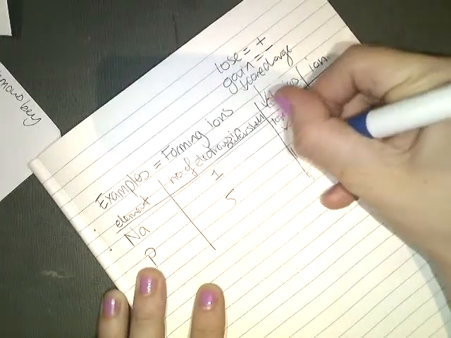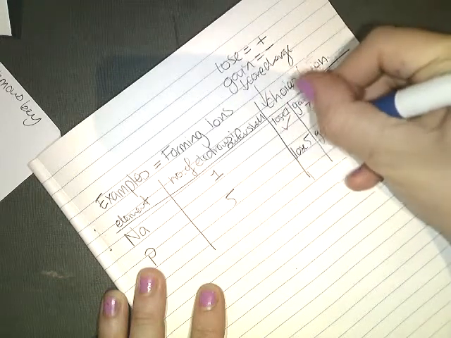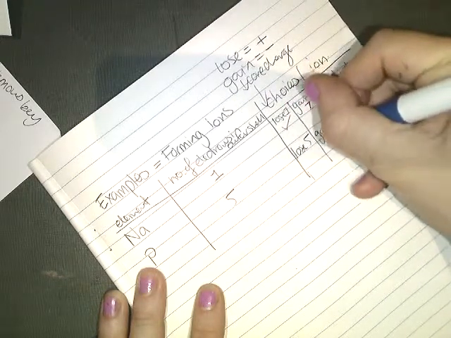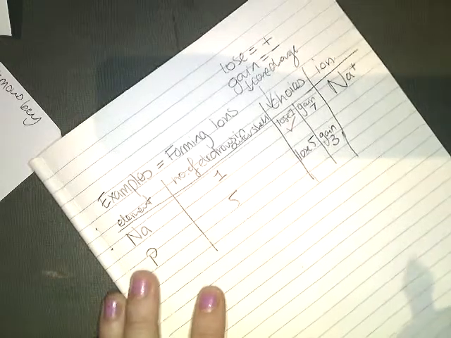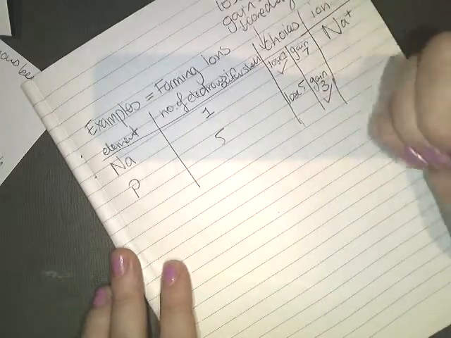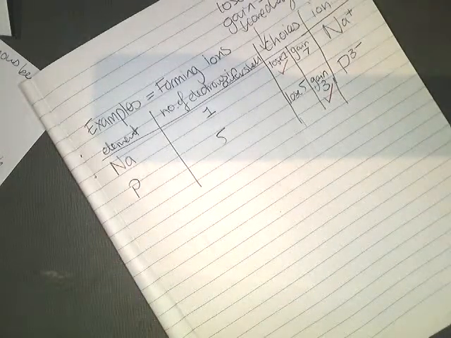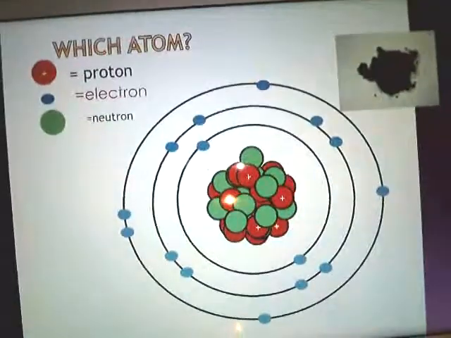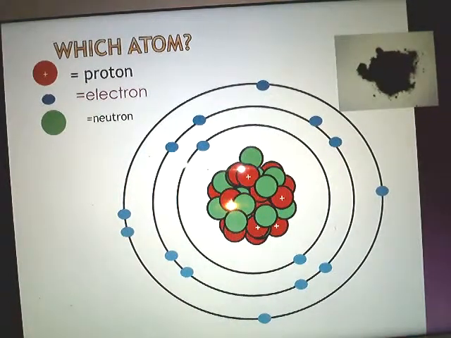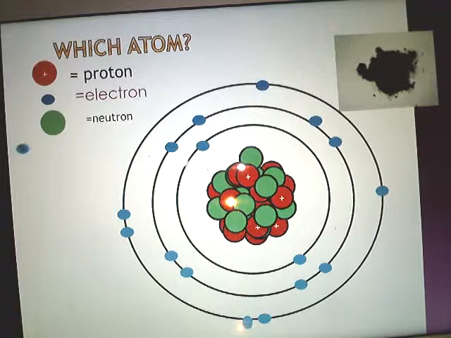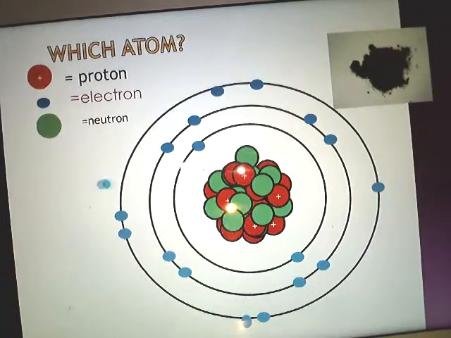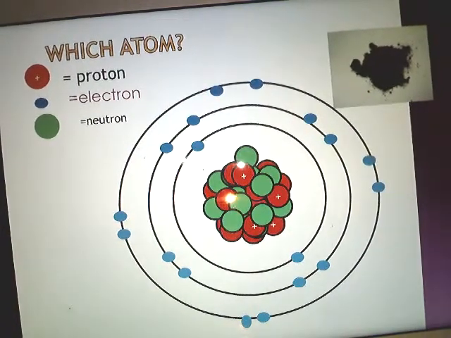It can either lose all 5 or it can gain 3. Now we know phosphorus has a core charge of 5 as well, so it's much more likely to gain 3. And if it gains 3, it becomes P3-. Okay, over here, and here come the electrons out of thin air. Where are they coming from? We'll find out in a minute.